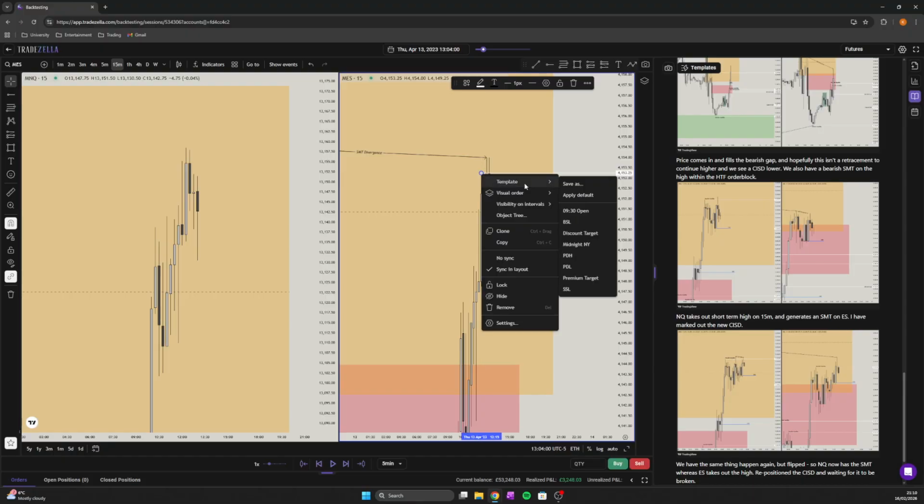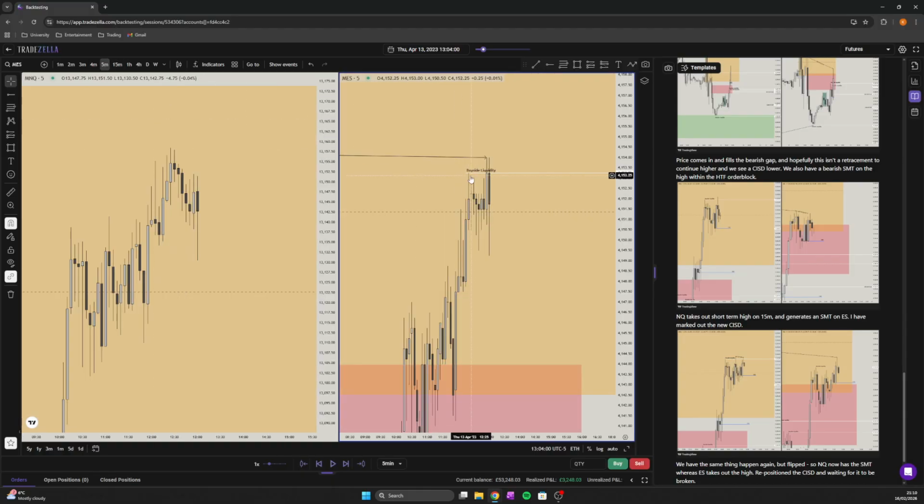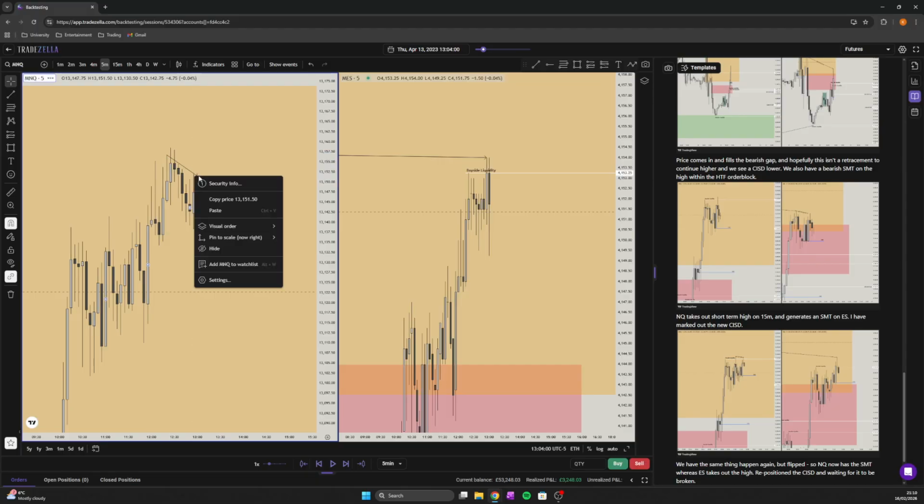Still remaining patient. Another short term high gets taken out, and we have 20, 55. Right, we have an SMT. Okay, then let's do that.